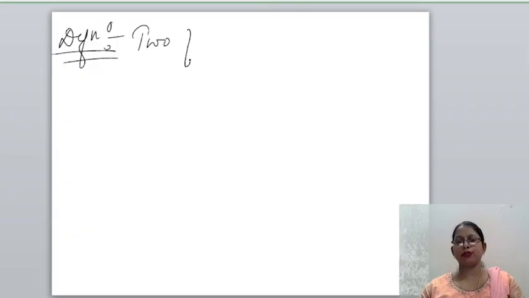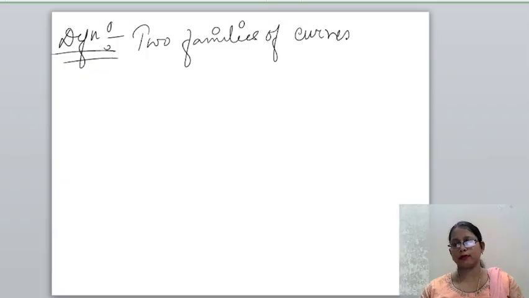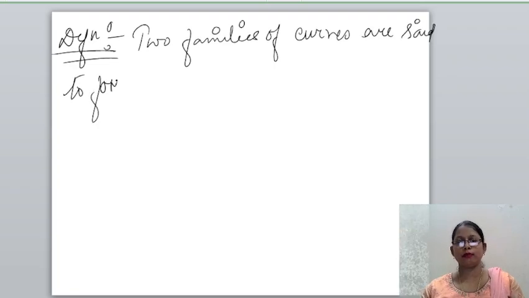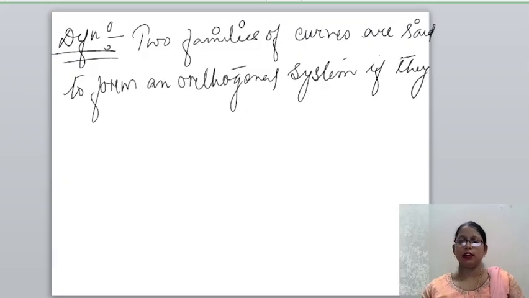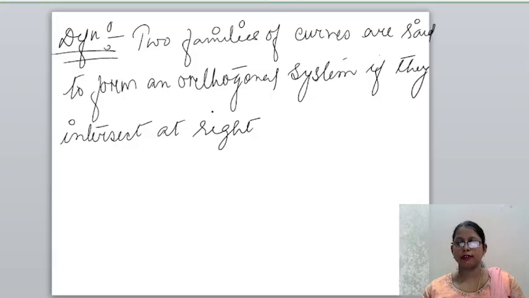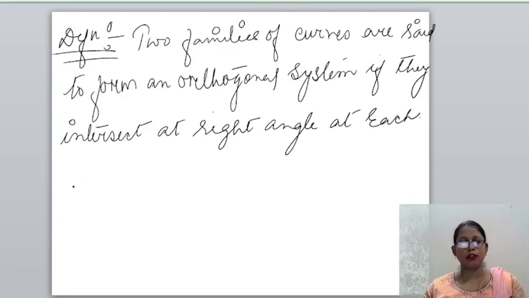Two families of curves are said to form an orthogonal system if they intersect at right angle at each of their points of intersection.